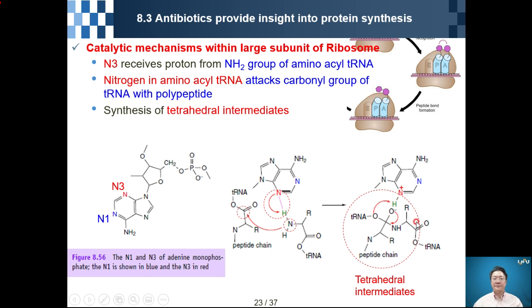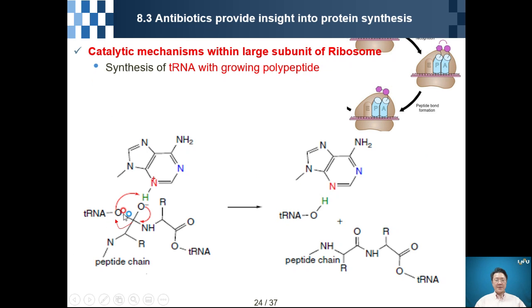So this is the tetrahedral intermediate, and this is the oxygen with three pairs of electrons. In this location, resonance happens, so one pair of electrons attacks this carbon. After that, the carbon attacks the oxygen, and finally the oxygen of the tRNA takes the hydrogen in the NH group.